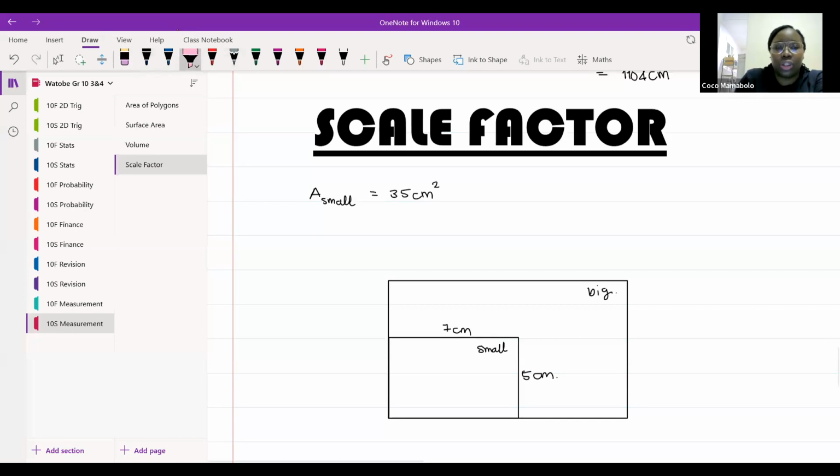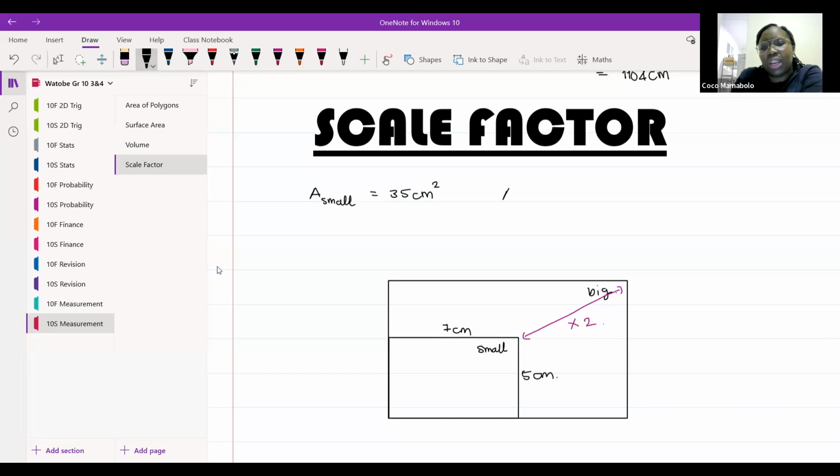Now, that squared over there is very important, guys. That is the focus of this entire lesson. Now, let's say I take these values and I double them. So to go from the small rectangle to the big rectangle, I multiply by 2.